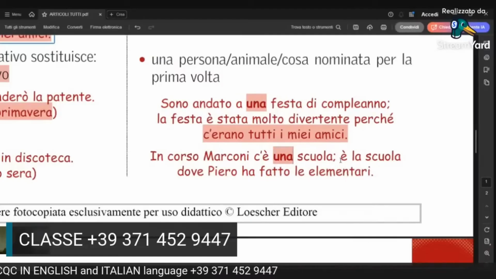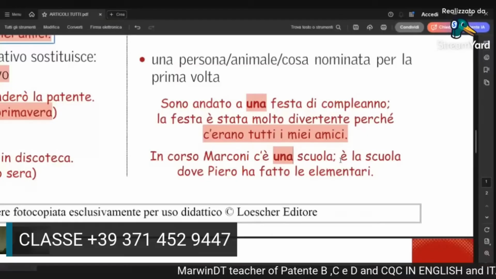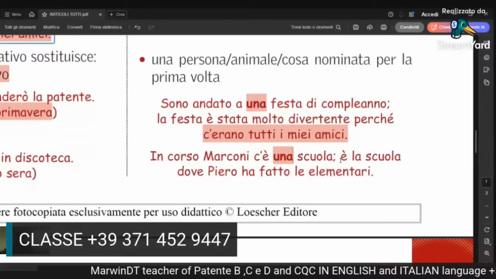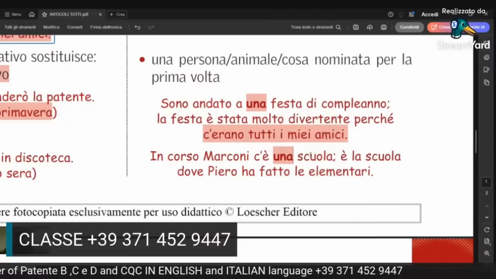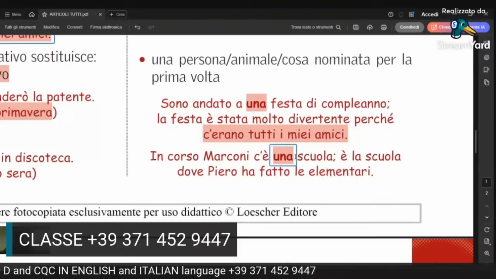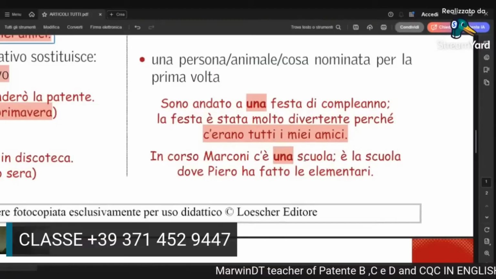Then it says, è la scuola. It is the school where Piero went to do his primary, elementary. So it is the article that tells us that it is any school at all, that you went to for the first time.